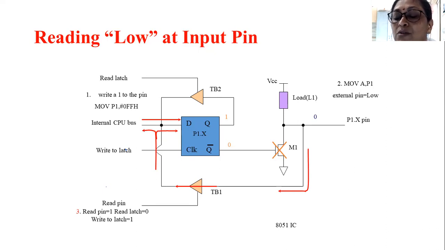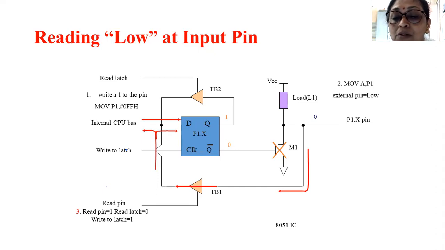So this operation is called as a write operation. In order to carry out write operation, the D input is made 1 through the internal bus of CPU, and then write to latch signal is applied, and when this write to latch signal is applied, Q will become 1, and when Q becomes 1, Q bar becomes 0.